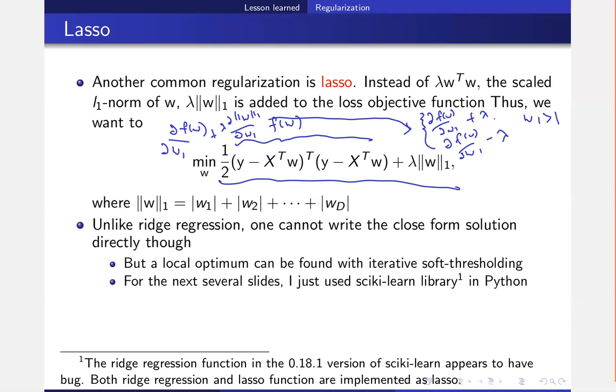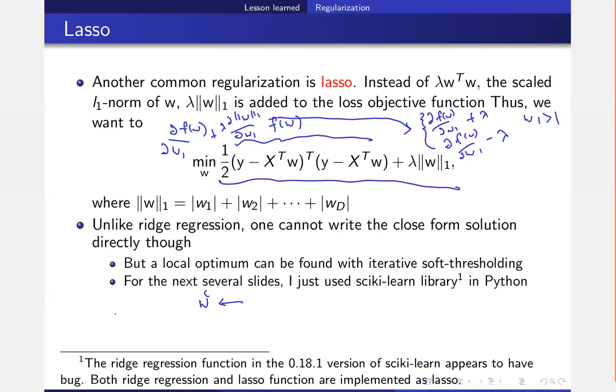So it's impossible to get a closed form solution right away. I cannot just set this to 0 and find W because I have two different cases, but I can do steepest descent. Actually, for most problems, eventually it will be just optimization with steepest descent and its variations. So in that case, I want the loss to be smaller.